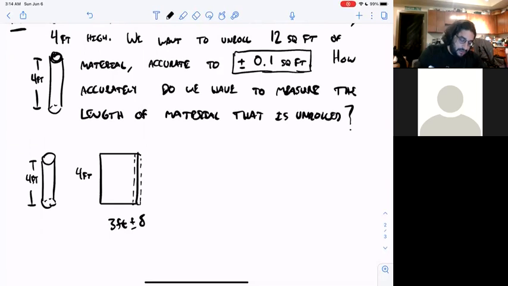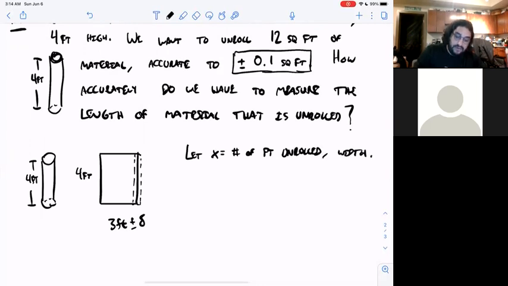So here's what I can do. I can say let x be the number of feet unrolled of the material, right? So the width of the material that we unroll, or the length, however you want to call it. Then you can say, okay, f of x, you can imagine if you unroll x material, well then 4 times x is the area.